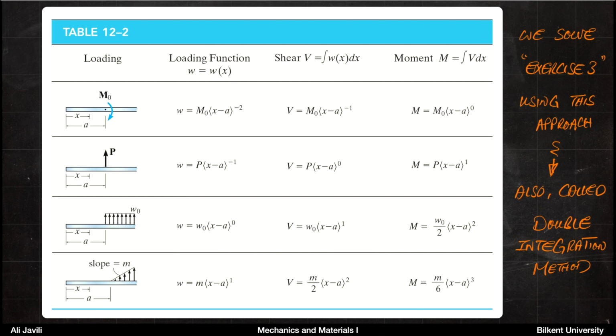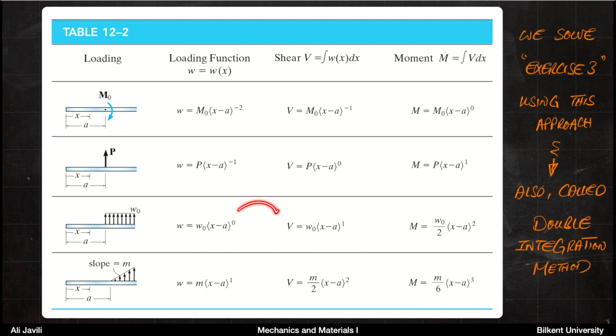Now, if you look at the previous row, it's a similar story. It's now just a distributed load that is uniform. So being uniform, it means it's very similar to what you just had, but instead of the slope, you have the value, the magnitude of that distributed load, and then power 0 tells you it's a constant function, it's uniform.